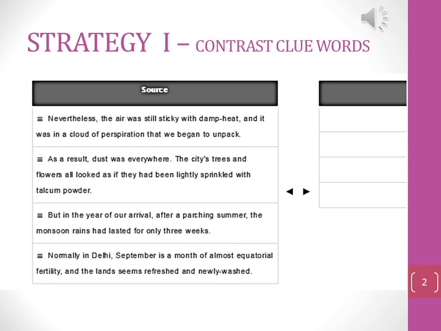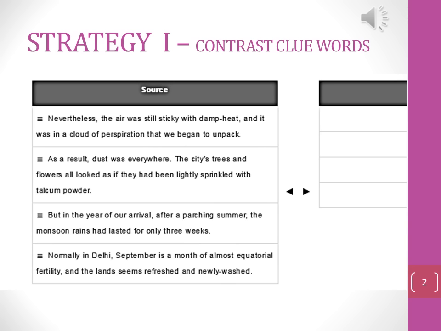So based on these 2 clues, let's try to find out something that will go prior to that. If you see, it's very easy for me to find the pair for the third sentence. Normally in Delhi, September is a month of equatorial fertility, means equatorial rains, tropical rains, right? That is what equatorial fertility sort of symbolizes.